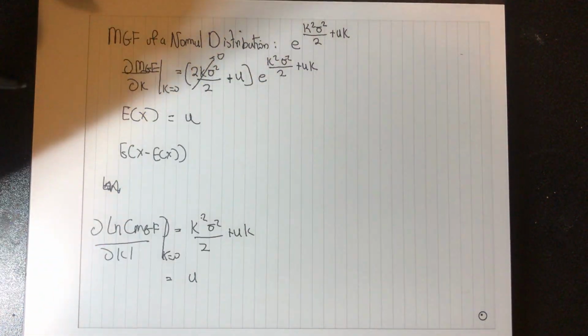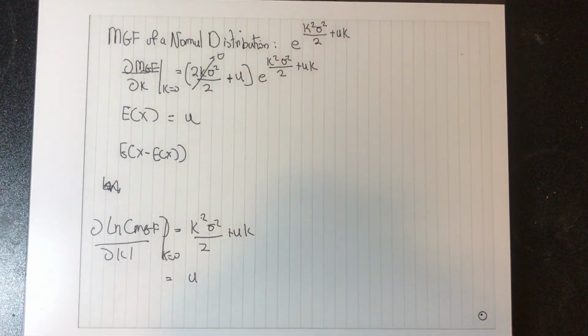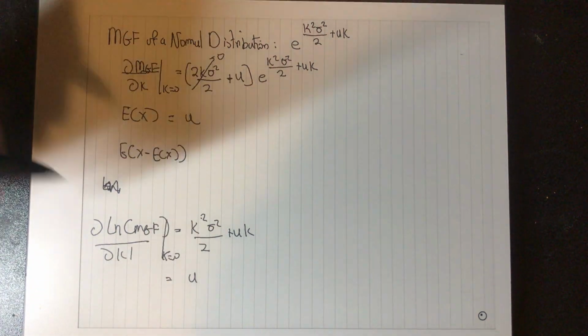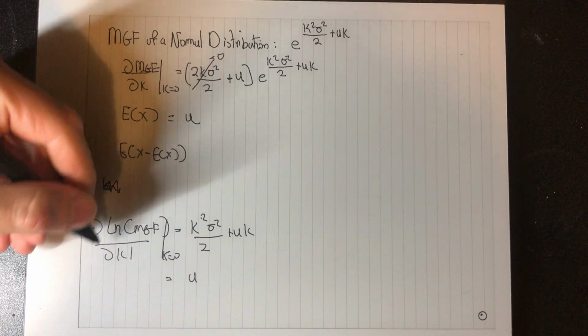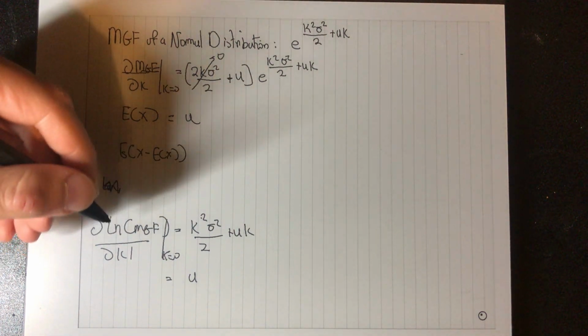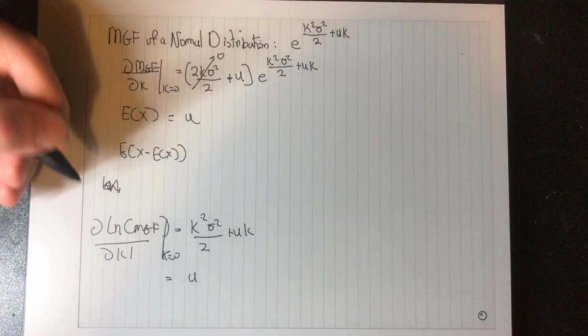And that's basically the case. If we would like, for example, the central moment of order 2, then what we'd have to do is take the derivative of the cumulant function with respect to k twice.